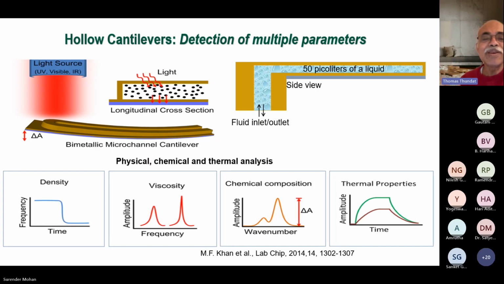Lots of interesting ideas can be developed from here, because the volume of this channel on the top of the cantilever is only 50 picoliters, so it's extremely small, and the volume is fixed. You can now change the temperature, you can change the pressure, and you can do all kinds of thermodynamic calculations or measurements from here too. The next slide.